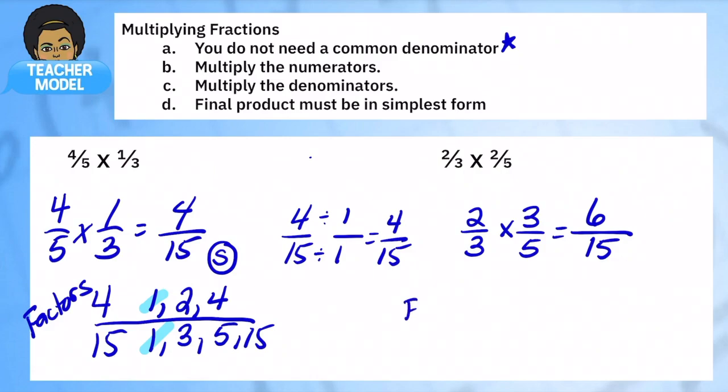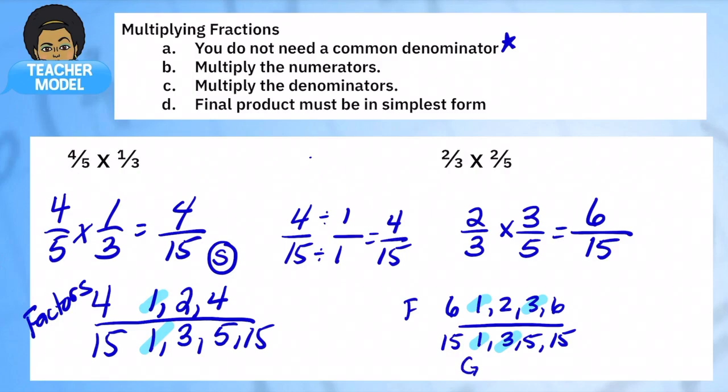We're going to list those factors of 6 and 15. So 1, 2, 3, and 6. 1, 3, 5, and 15. Take a look. You'll notice 1 again. So we know that 1 isn't the most helpful because we're just going to get 6 over 15 again. But they have another common factor.